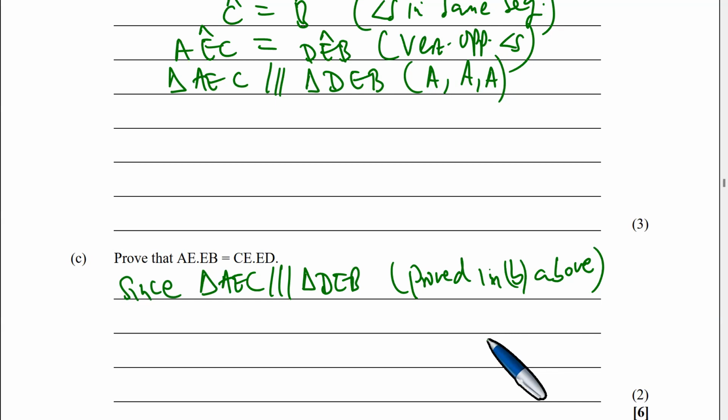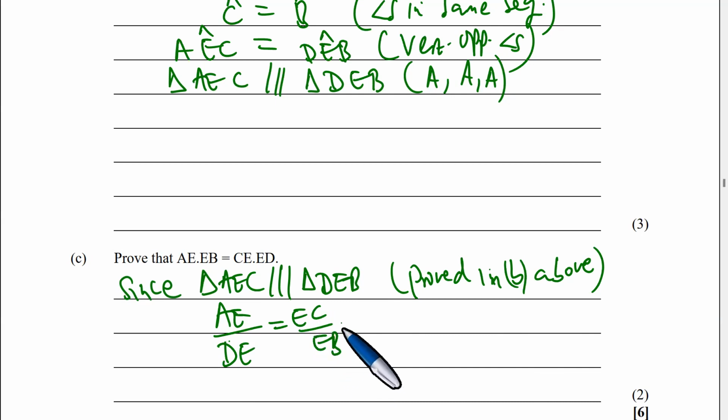From this, we have the ratios AE over DE, EC over EB, AC over DB.